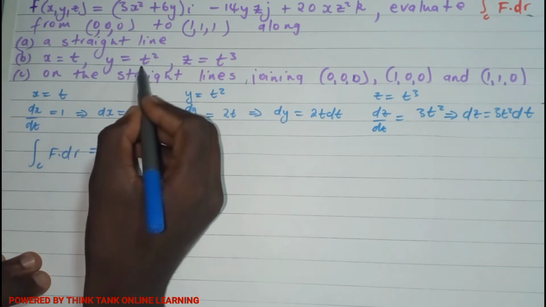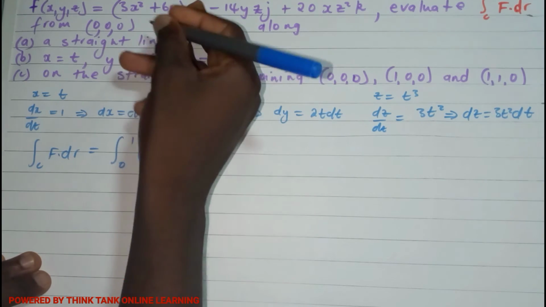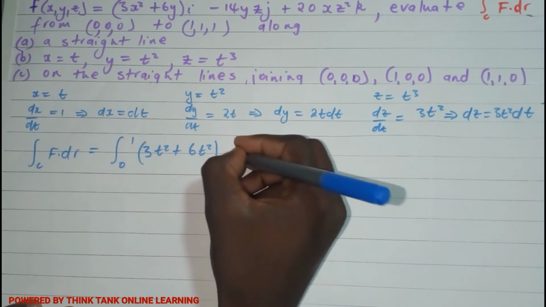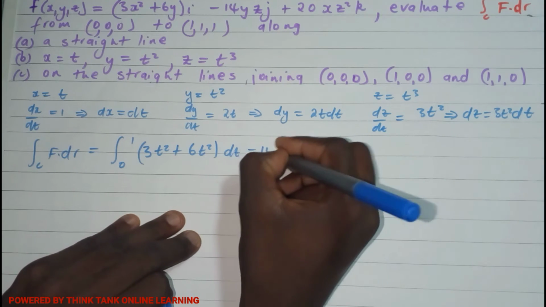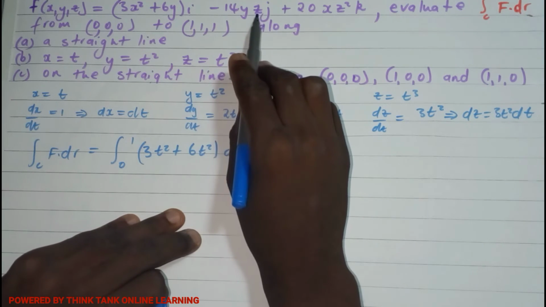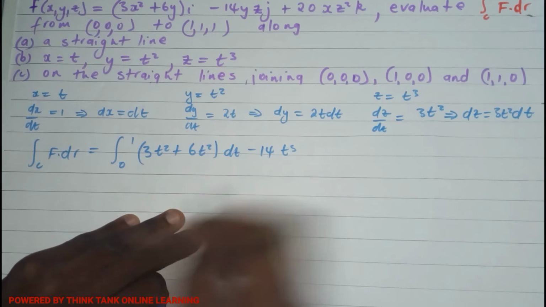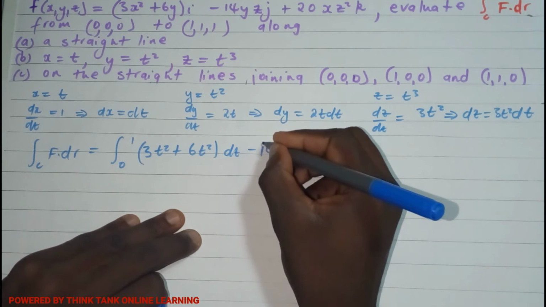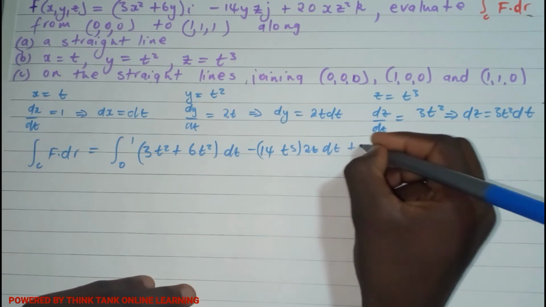What is y? y equals t squared, so that is 6t squared. And for dx, we say dx equals dt. And now we have negative 14. What is y? y is t squared and z equals t cubed, so we're going to have t to the power 5 times dy, so dy is 2t dt, plus 20.